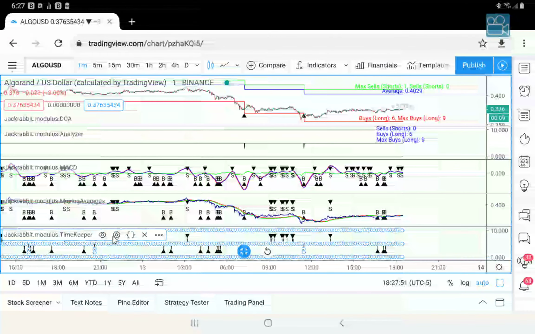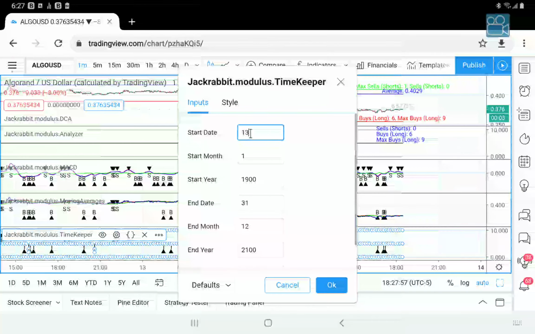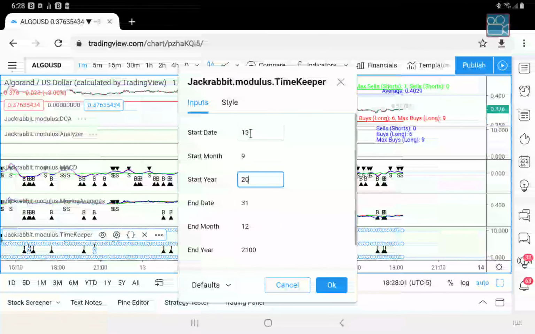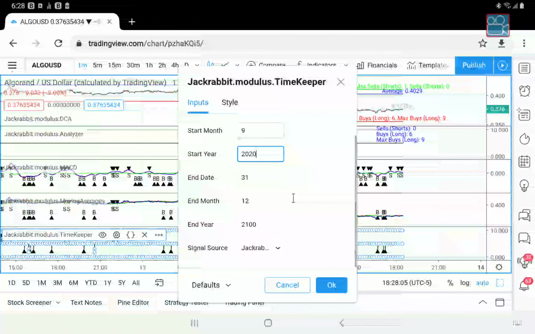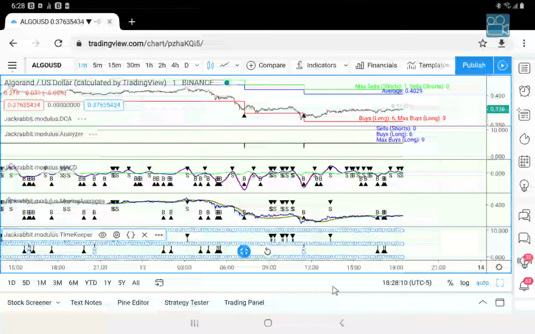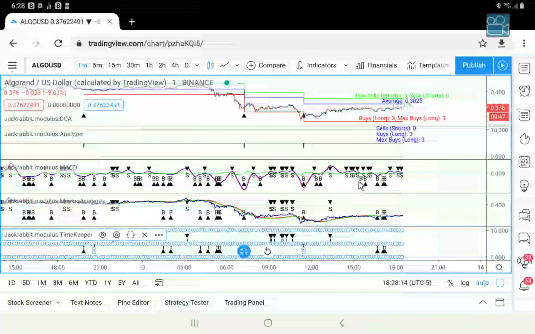So now let's go in and let's reset this whole mess to today's date. And we watch how it changes. Most importantly, watch how this changes.